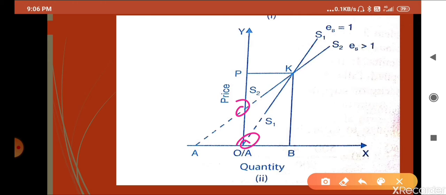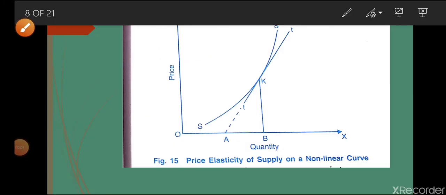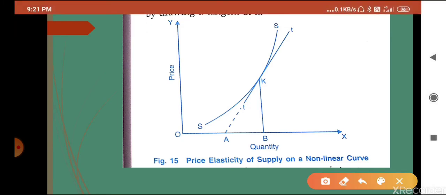So next we are going to discuss the case where we do not have a straight line as the supply curve. What we have to do is simply draw a straight line which will touch the point where we are going to find out the elasticity of supply. Suppose the point K, which is given in the picture, we draw the straight line and see on which axis it goes. So if it comes on the x-axis, the elasticity of supply will be less than 1, or less elastic.